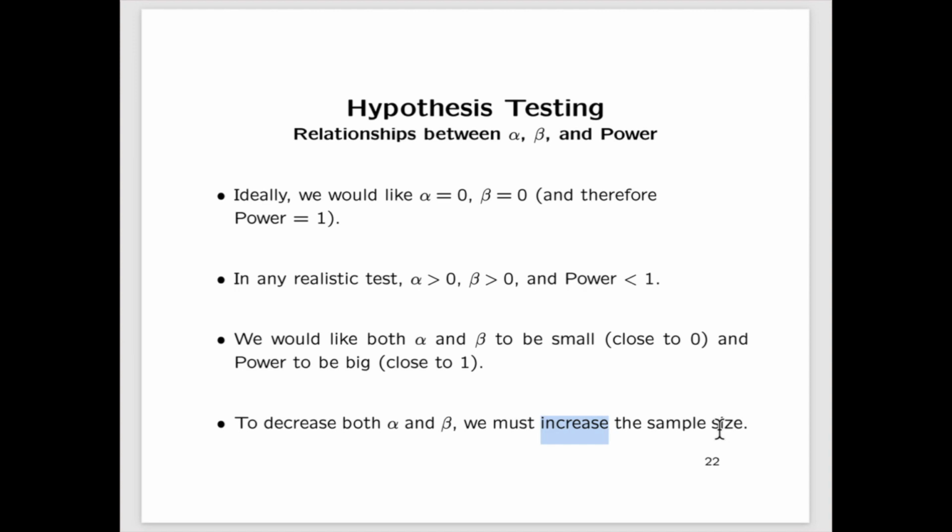So these are characteristics of tests, and we've quantified the probabilities of these various characteristics. We see the relationships between these characteristics, and we see that if we want to make both alpha and beta small, then we have to increase the sample size. And if we are able to make beta smaller, then that will make the power of the test greater.